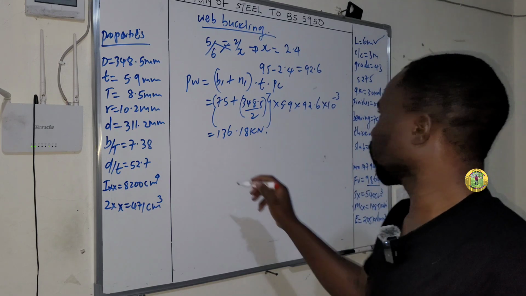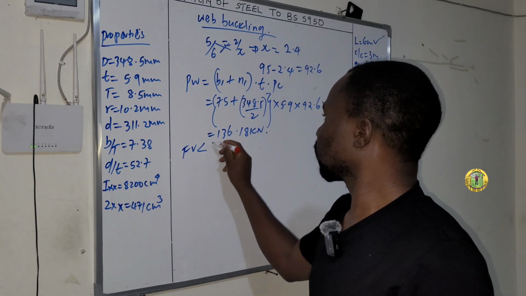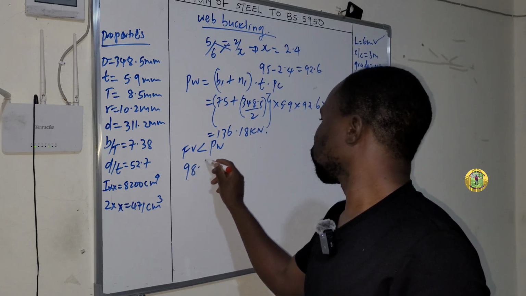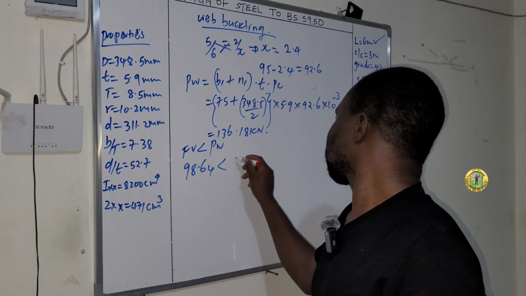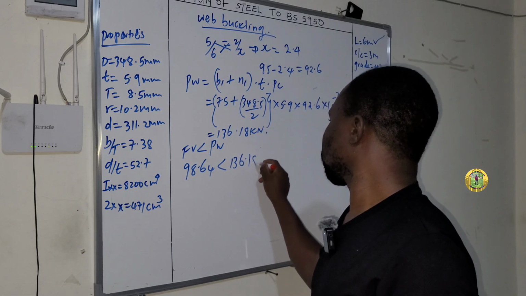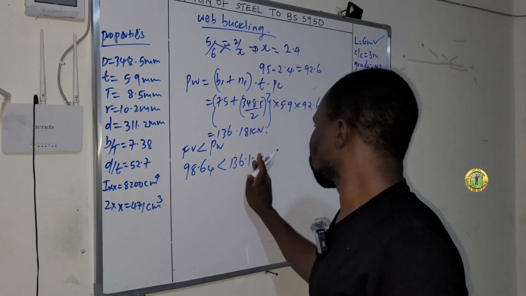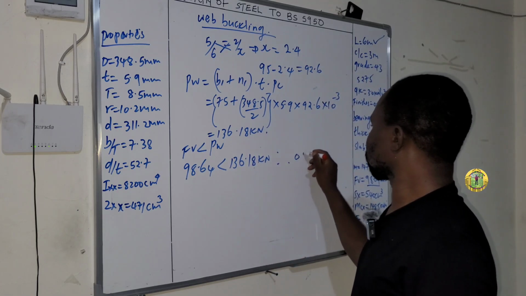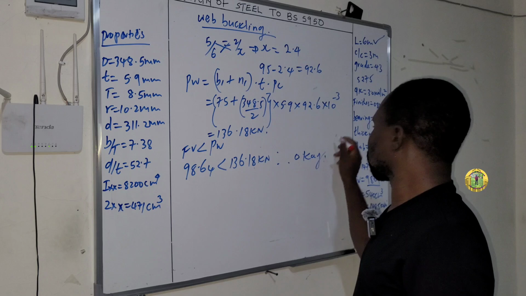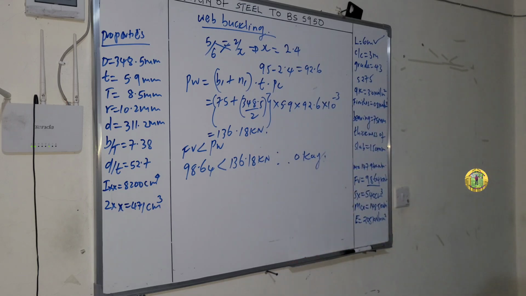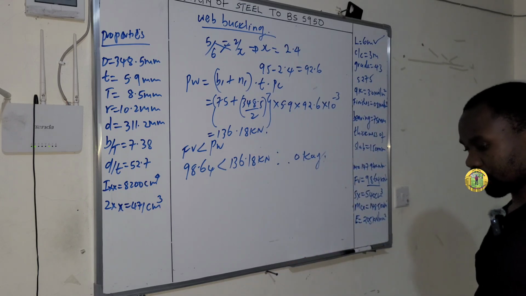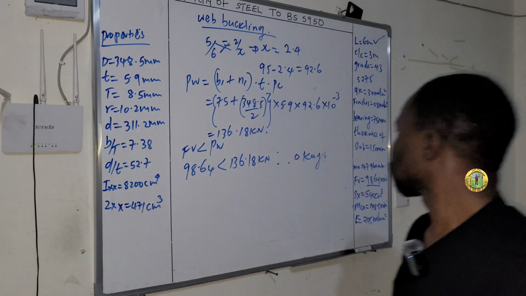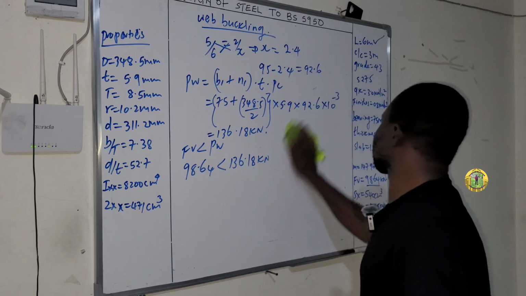Therefore, FV is less than PW, which is 98.64 is less than 136.18 kilonewton. Therefore, okay, and no stiffeners are needed. We proceed to what we call web bearing. So let's proceed now to web bearing.